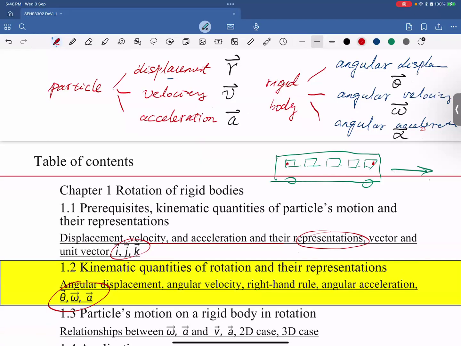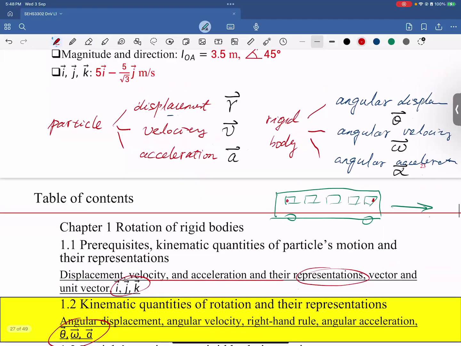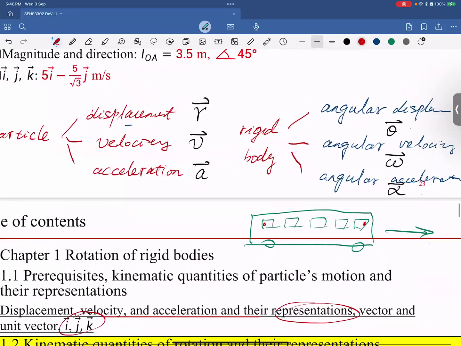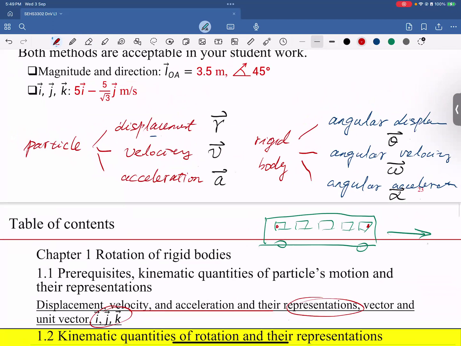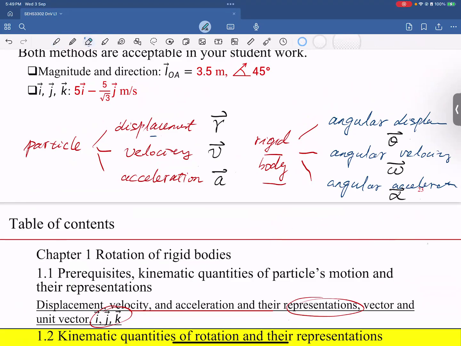Once it turns, we need to consider the acceleration of passengers from different positions to make sure everyone can bear the acceleration, right? Can feel comfortable. So when we know the motion of a rigid body, we need to specify the motion of the specific particles on it.